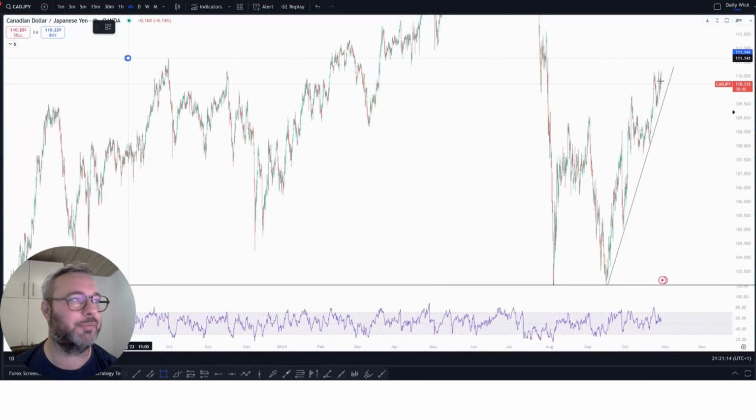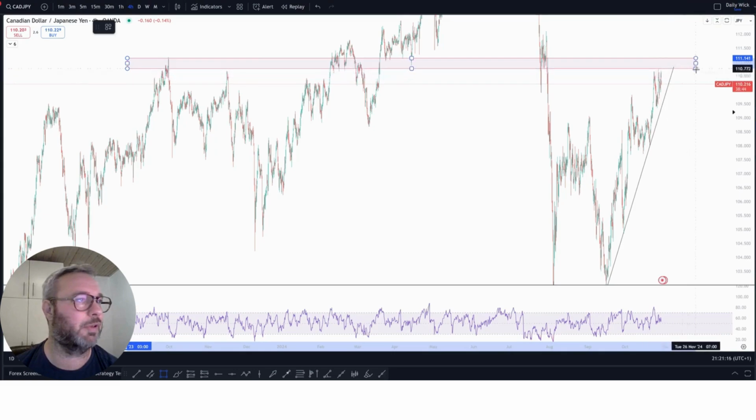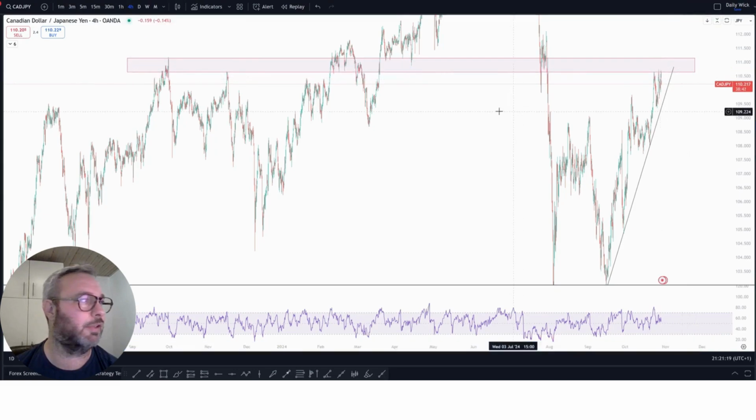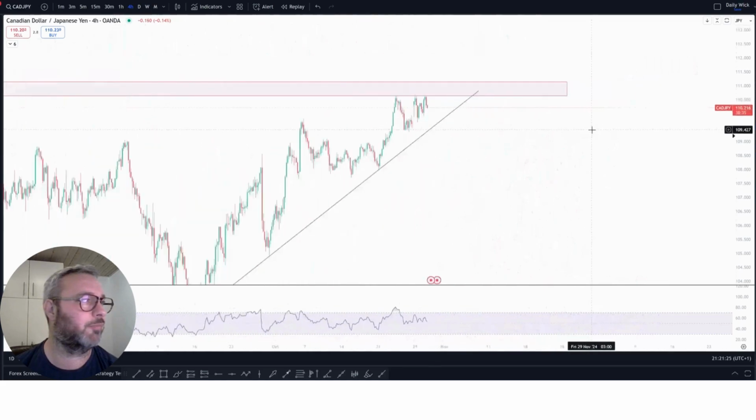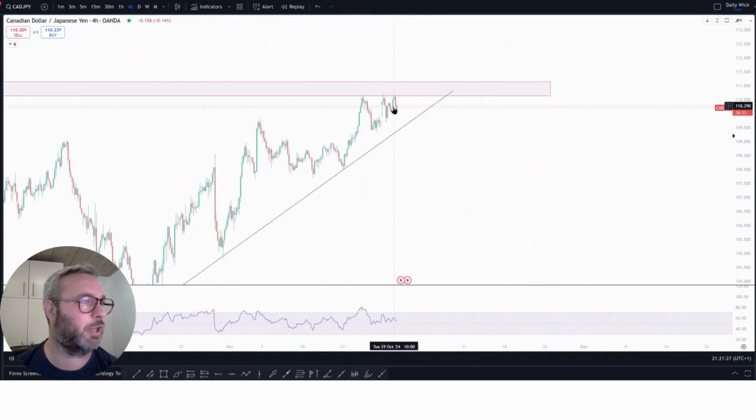Mark out here and here. So you can see here, rejection, rejection. So let's see if price can break this level or will fall down over a cliff from the trend line.